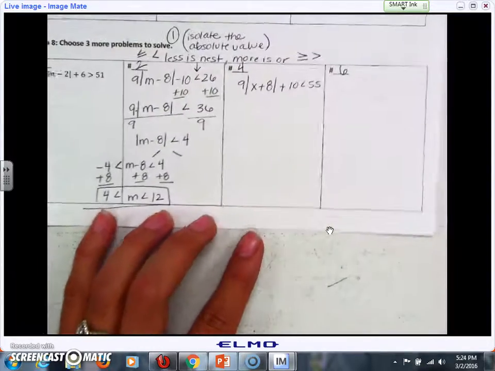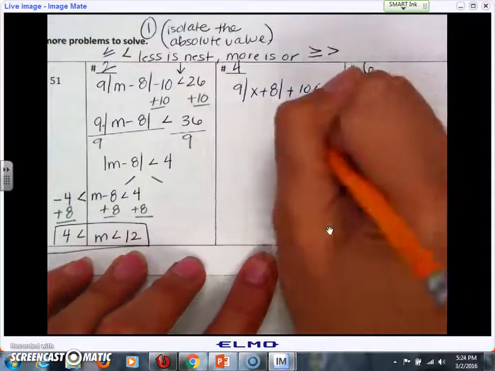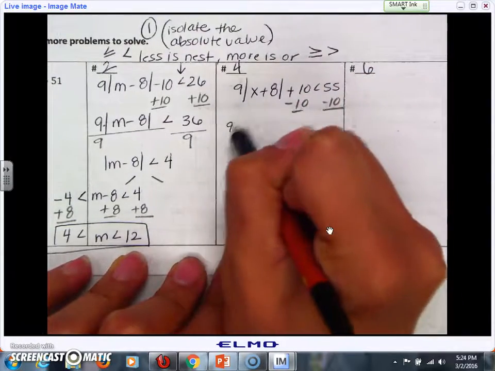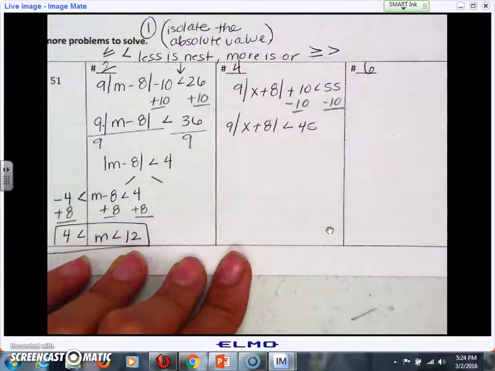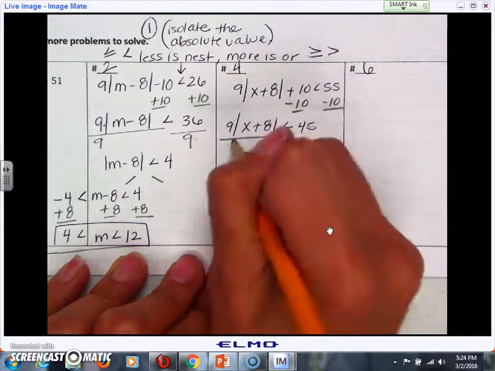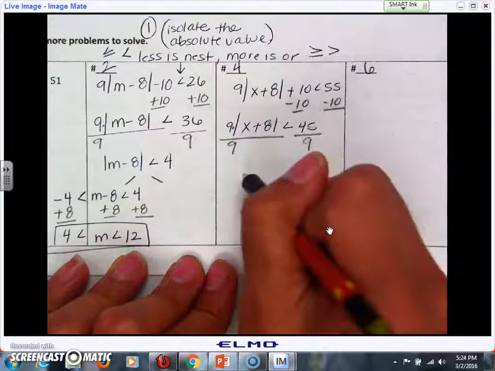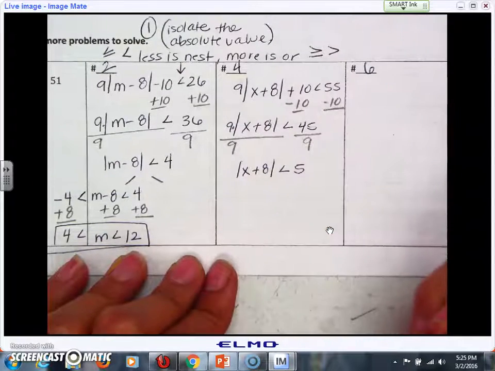First step is to isolate the absolute value. So we're going to subtract 10 from both sides. You're doing the opposite of what you see. So you have 45. You want to get rid of the 9 since we're multiplying, so we divide both sides by 9. And now you're left with the absolute value of x plus 8 is less than 5.